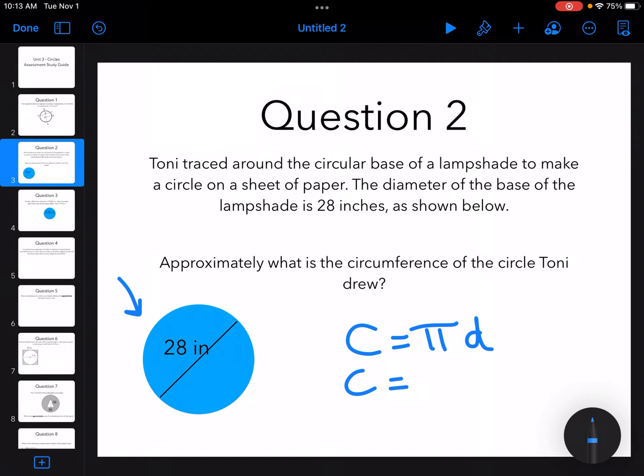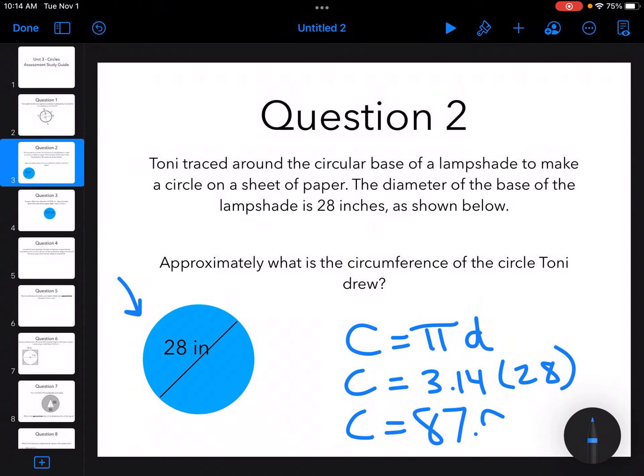So C equals 3.14 times 28. On my calculator, I'm doing 3.14 times 28, and I get 87.92, and that's going to be inches. Not inches squared because we're not talking about area.